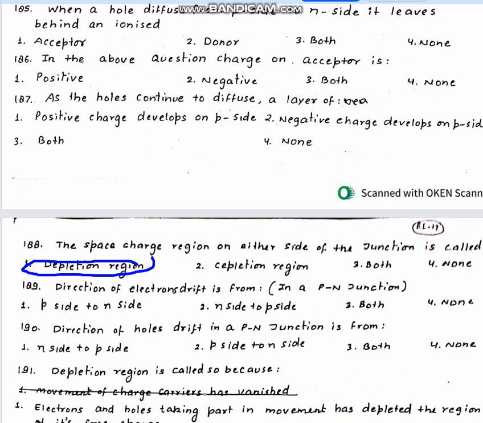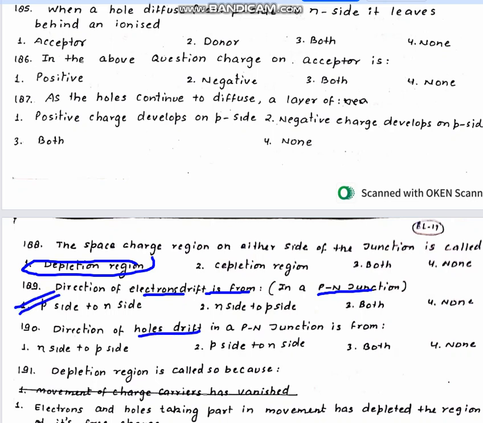Next, the direction of electron drift in a p-n junction is opposite to the diffusion. Diffusion is from n to p, so drift will be from p to n. First is correct over here.